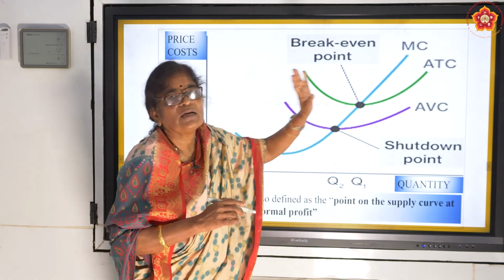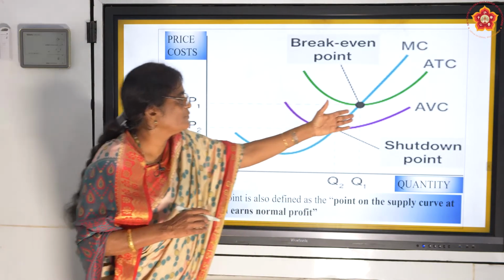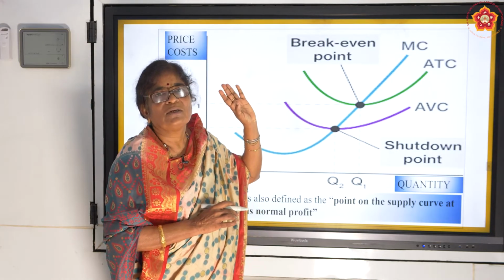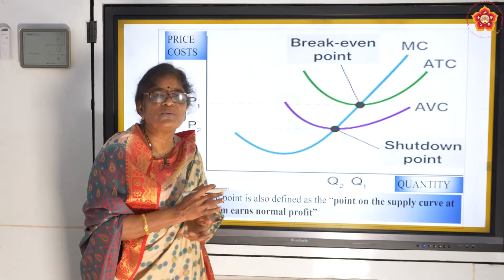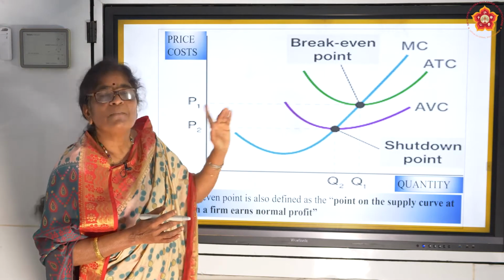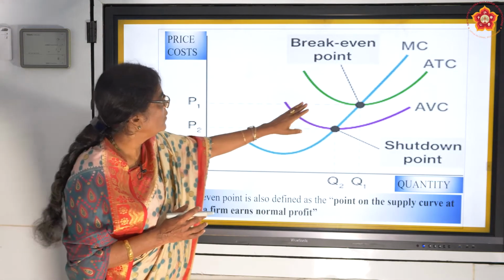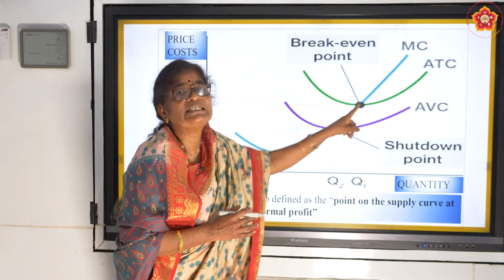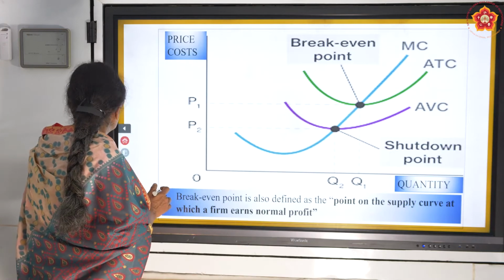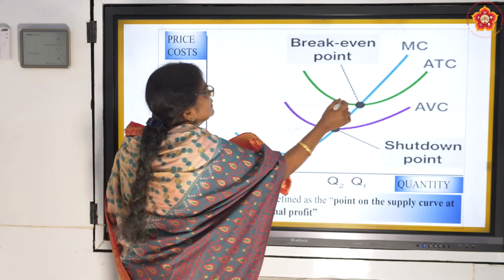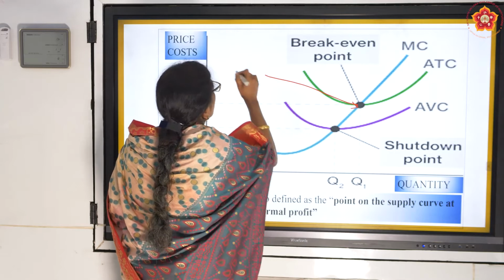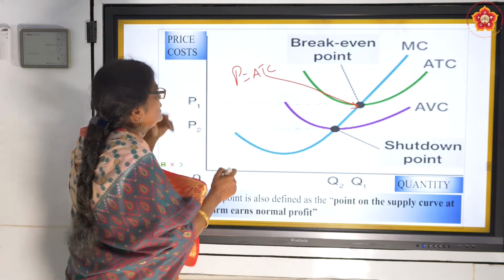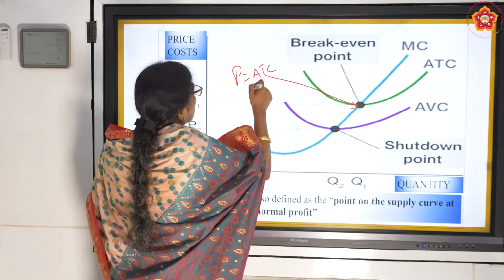I told you, we can use these interchangeably: sometimes there is average variable cost, or you can say total variable cost. Total variable cost is for the total output; average variable cost is per unit of output. Therefore, at this break-even point, price is equal to ATC, average total cost, or you can say average cost also.